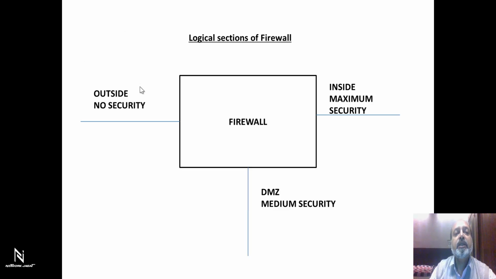The section which we consider as outside is connected to the internet. The section which we consider as inside is connected to the internal network to which the highest level of security is to be provided.